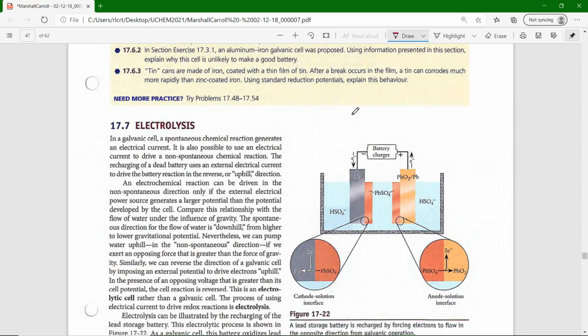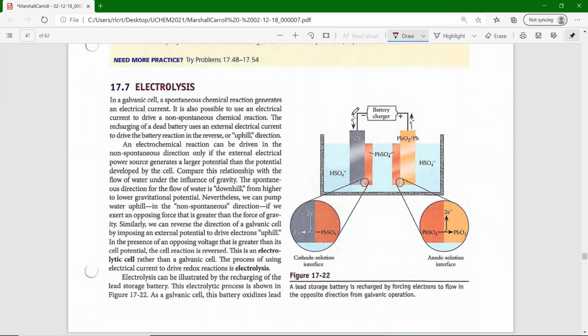Okay, in the last little topic, electrolysis, we just get the general idea and then we do some number crunching. So in electrolysis, you are using electrical energy to make a chemical process happen that otherwise wouldn't. So you have to supply an external power supply of some kind to force things to go in directions that they wouldn't otherwise.